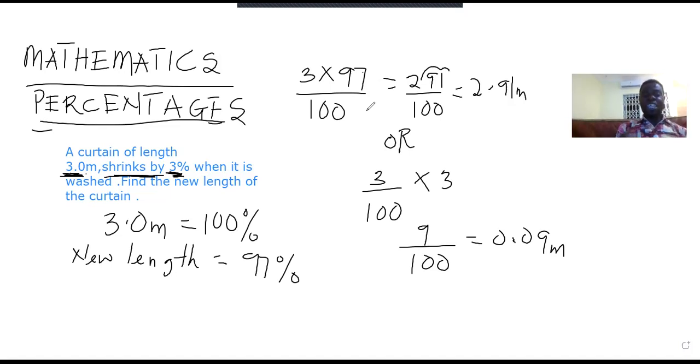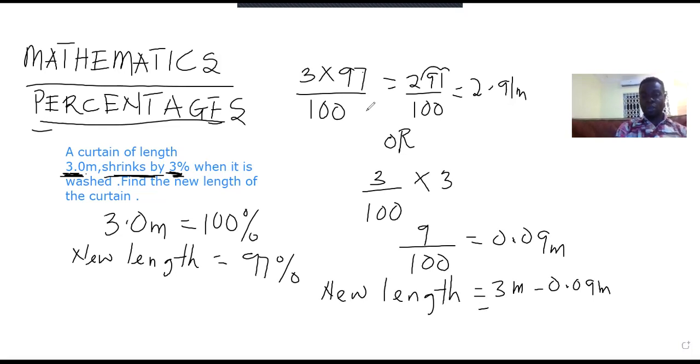So to get the new length should be equal to 3 meters minus 0.09 meters.